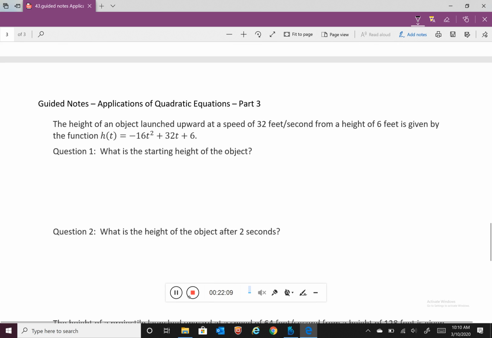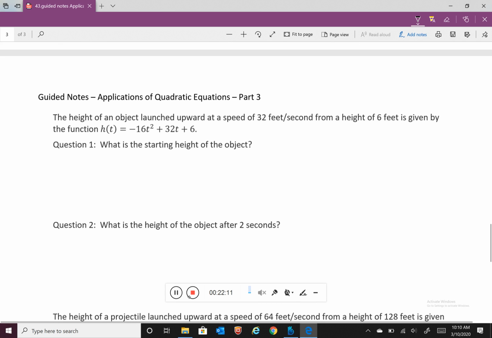So for our first set of questions, the height of an object launched upward at a speed of 32 feet per second from a height of 6 feet. Now I have constructed the function for you. So our height function is negative 16t squared plus 32t plus 6.